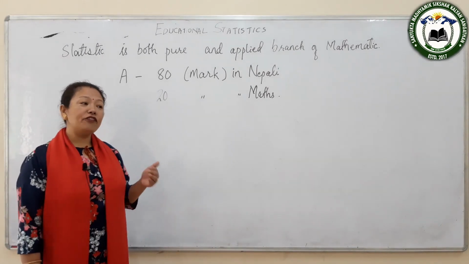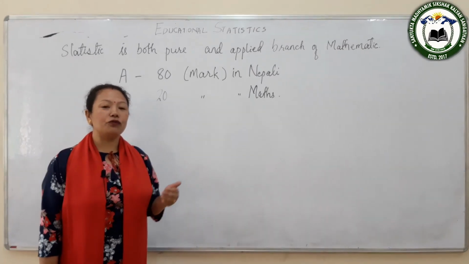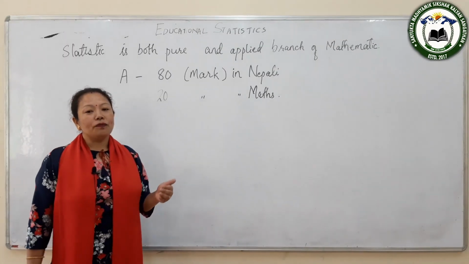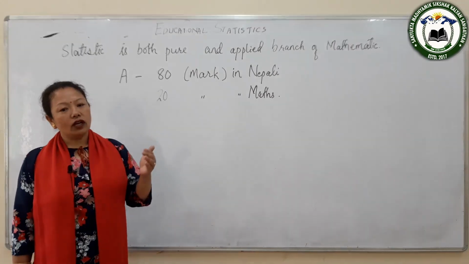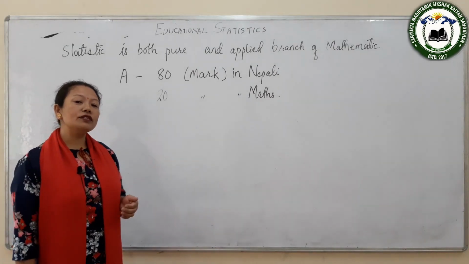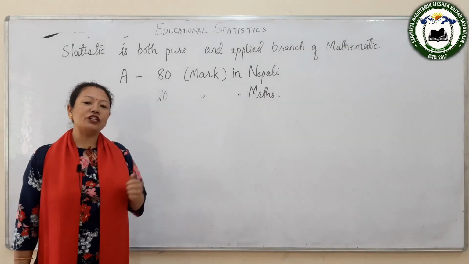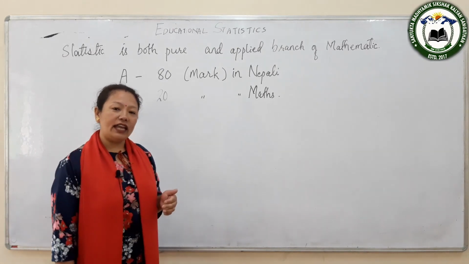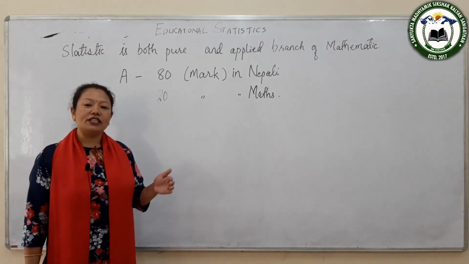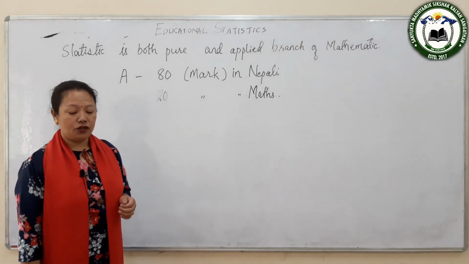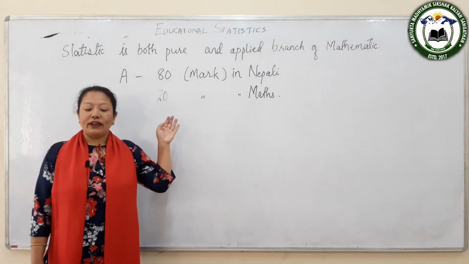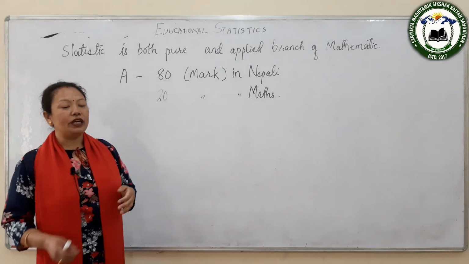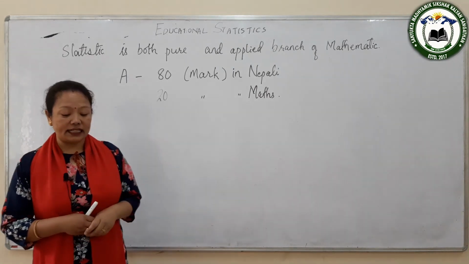Now there are different measures which we follow. To measure a solid, we use kgs. To measure any liquid, we use liters, and for length we use meter or centimeter. So in the field of education, we need data.